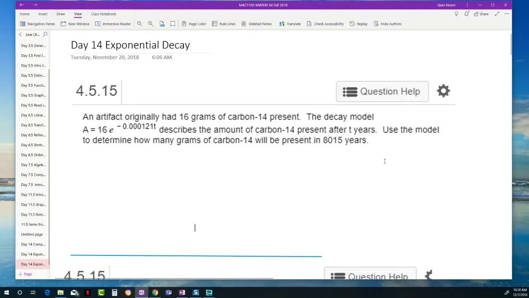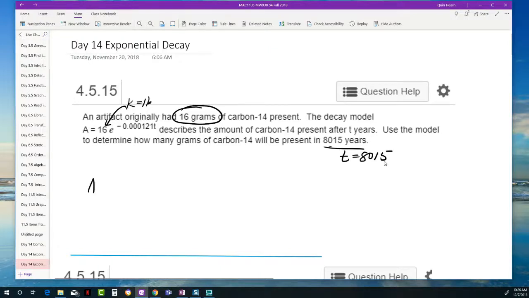Okay, so this problem is giving us the time in years, and they're asking us to find the amount that's remaining. So it originally had 16 grams. That's why you see the 16 here, the initial value. But they're telling us t, we want to know in t equals 8,015 years, how much will be left.